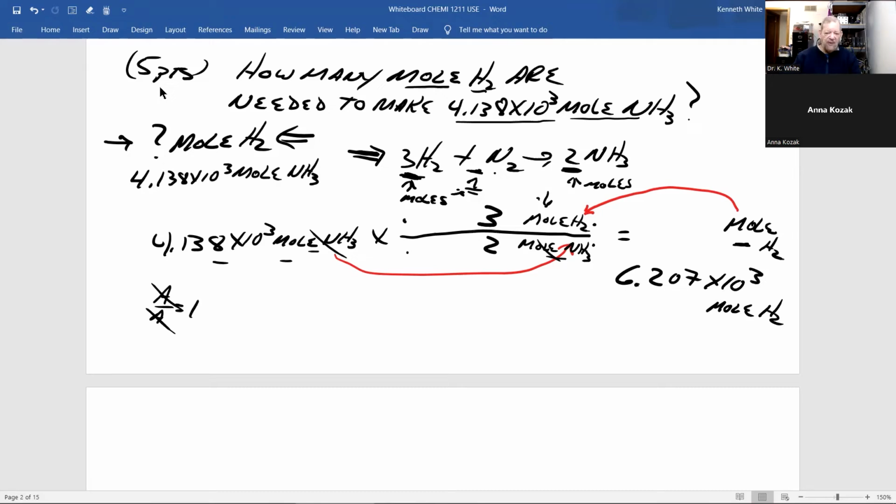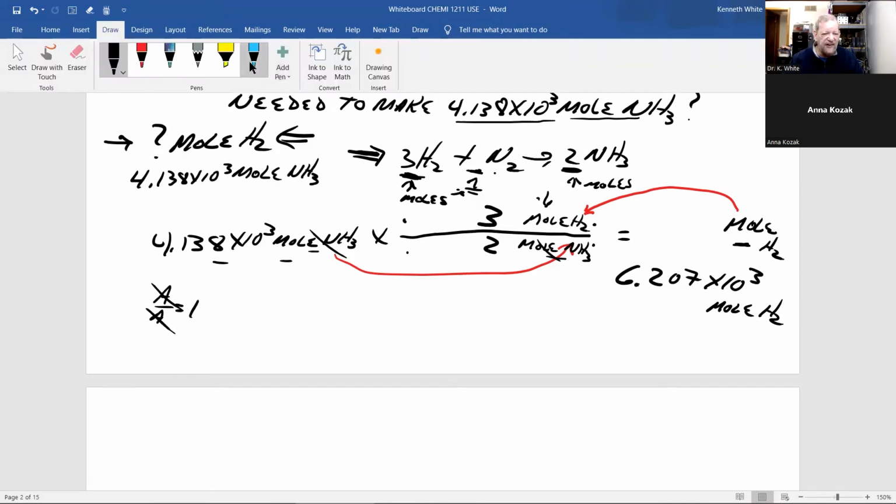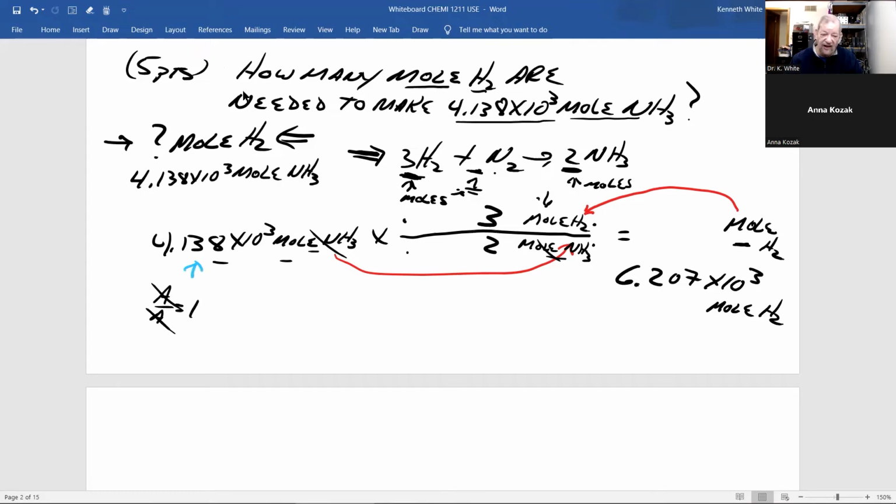Now, when you're doing multiplication and division, you get the same number of significant figures in your answer as the number that has the fewest significant figures. Now, if we look here, all non-zero numbers are significant: 1, 2, 3, 4, 4 significant figures.